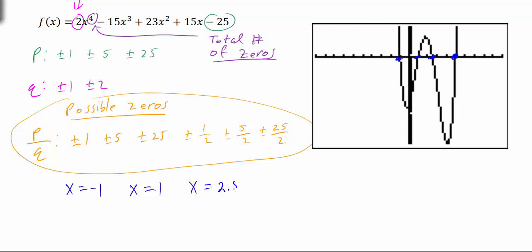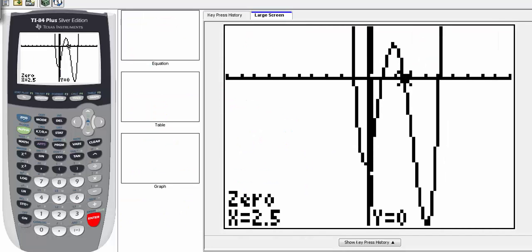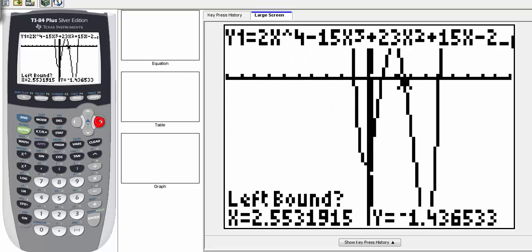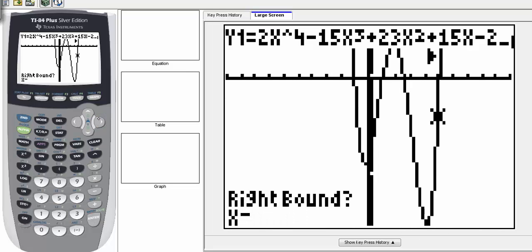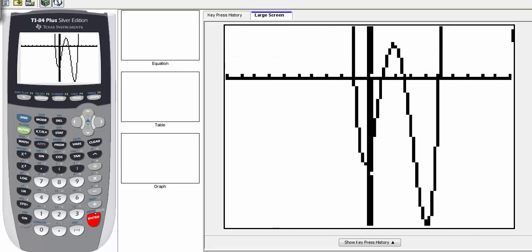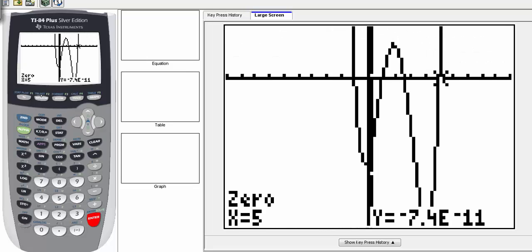And then we go to second trace, number 2 is zero, and we have our last one over here, there's our left bound, go to the right of the point, and then we guess, and x equals 5.